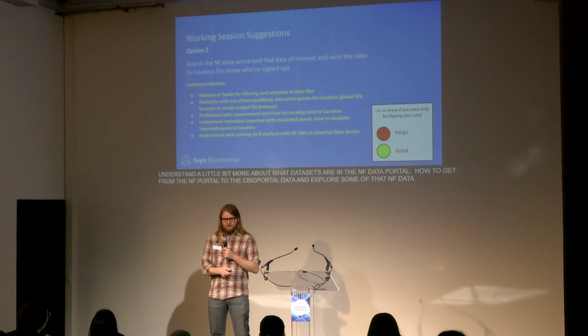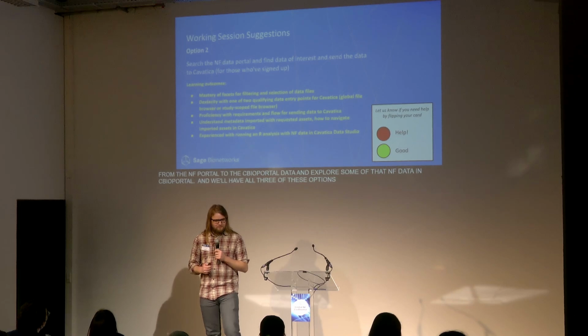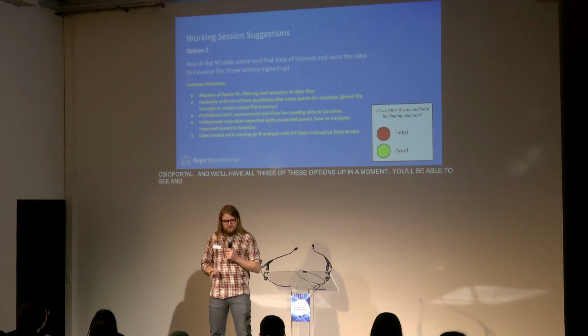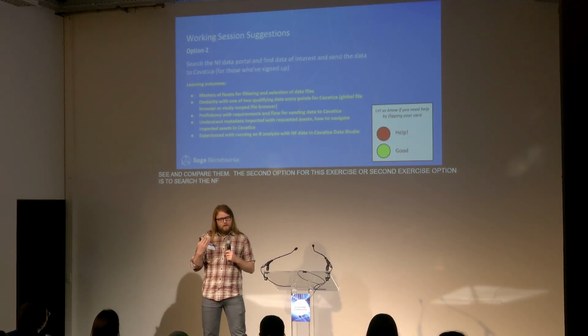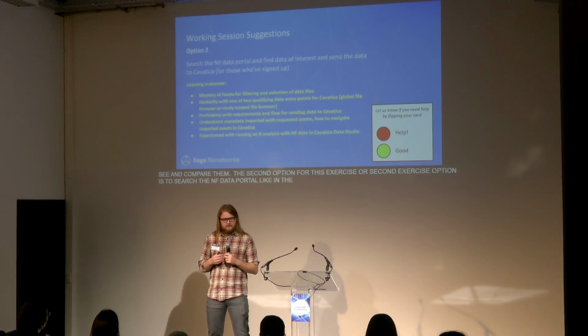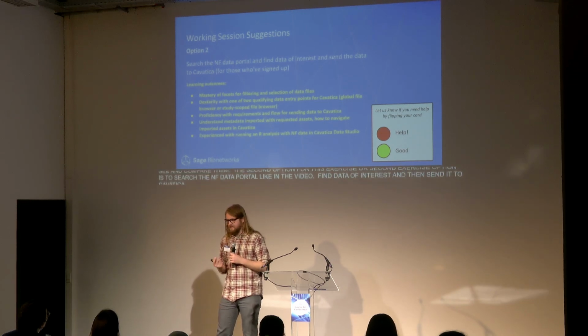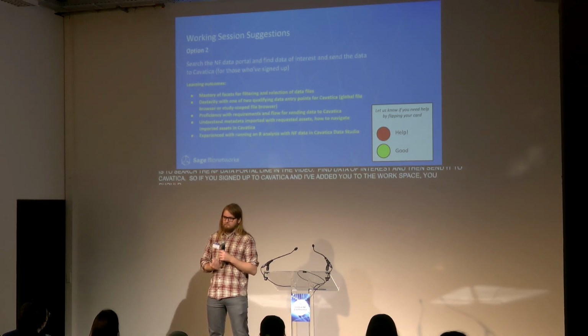And we'll have all 3 of these options up in a moment, so you'll be able to see and compare them. The second exercise option is to search the NF data portal, much like Anouette did in her video, find data of interest, and then send it to Kavatica. If you've signed up to Kavatica and I've added you to the workspace, you should be able to explore some of that data in Kavatica and run your own analyses.